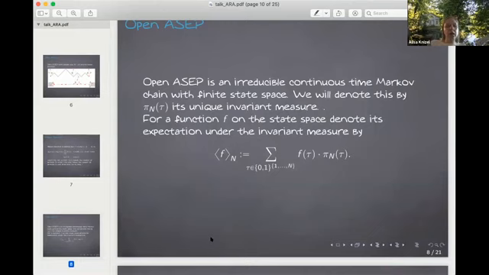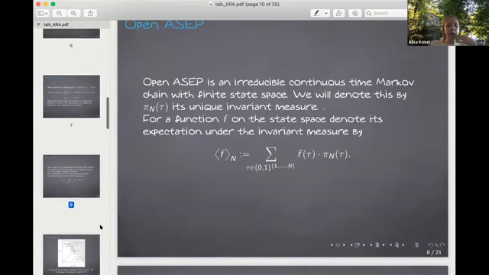However, it's been known for quite a while that in the presence of the reservoirs, the situation is much more complicated, and the precise description of the stationary measure has quite a complicated form.